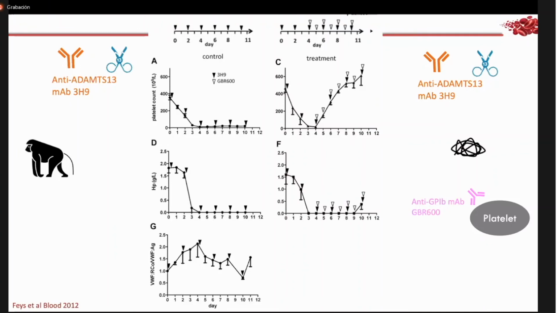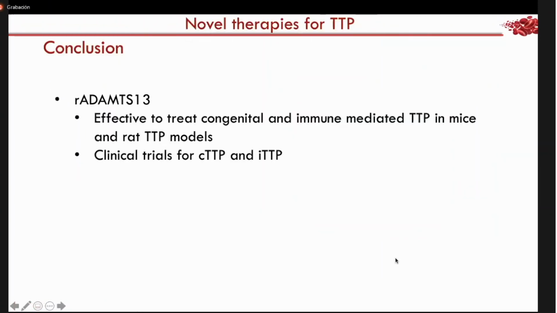The hemolytic anemia only recovered slowly. And here again, you see when there is no platelet VWF inhibitor injected, the VWF activity is the same. But as soon as you inject the inhibitory antibody, so the antibody that blocks platelet VWF interaction, there is a decrease in VWF activity.